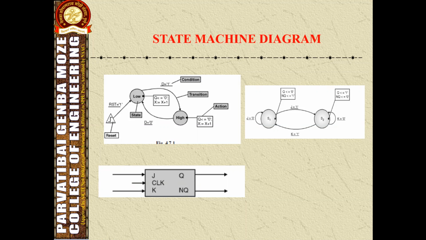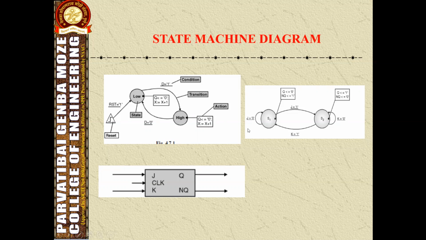The Q output toggles to the opposite value when both J equals 1 and K equals 1, and the Q output remains unchanged when both J equals 0 and K equals 0. The above description is sufficient to create a state diagram. Here there are two states, S1 and S2.